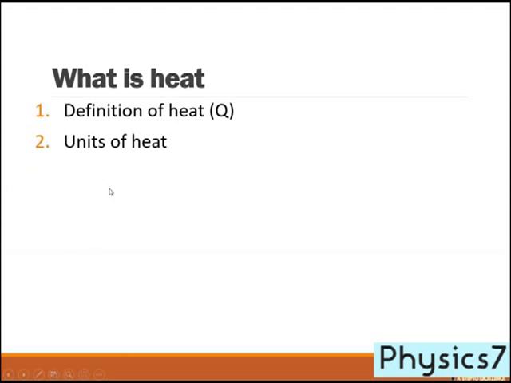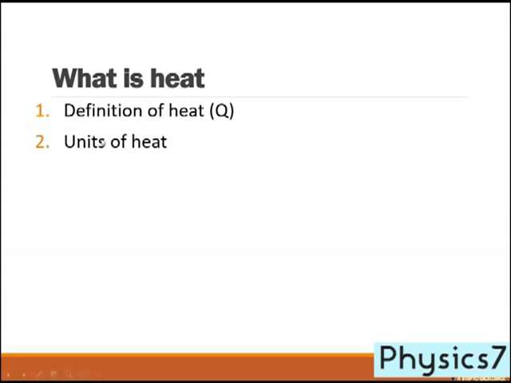So for example, if that substance experiences a temperature change, let's say of 10 degrees Celsius to 20 degrees Celsius, that means it increases in energy, in thermal energy, then we can write down a definition of heat which is related to that change in temperature. But much more about that as we go through the unit.